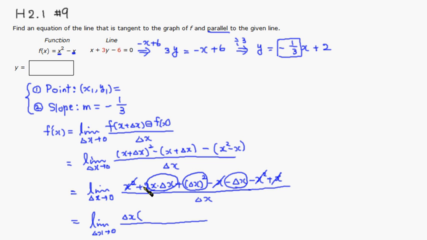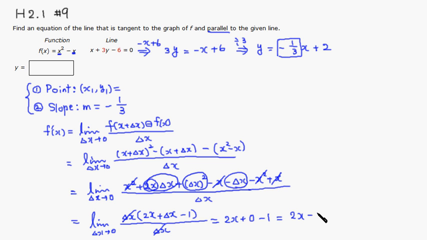Then you see that there's 2x from the first term, and there's going to be another delta x from the second term, so that's just minus 1. Then you have delta x on the bottom. So delta x and delta x cancel out, then you can plug in. Delta x goes to 0, so you have 2x plus 0 minus 1, which is 2x minus 1.